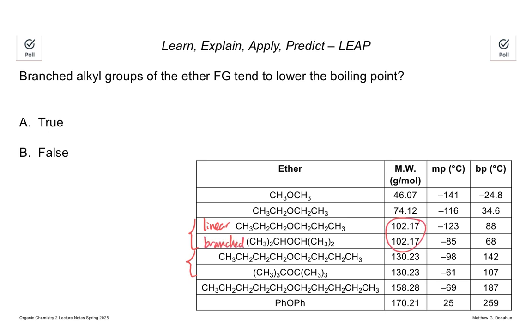So each pair has the same molecular weight, but you're going from linear to branched. And basically the trend is that the linear has a higher boiling point, and then when you branch it, it decreases.